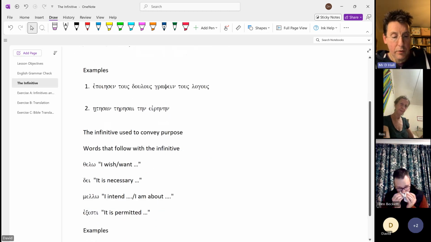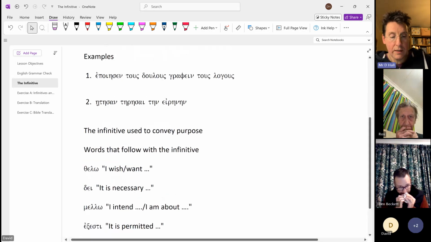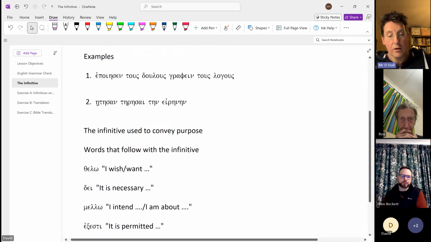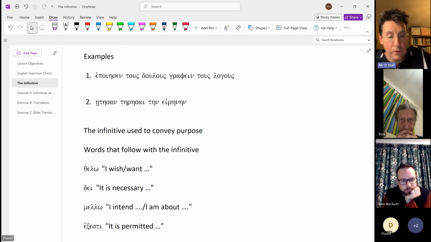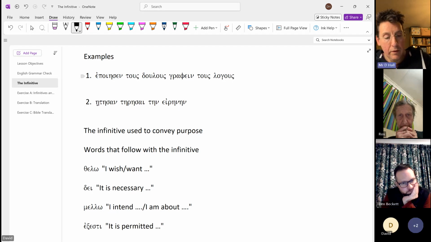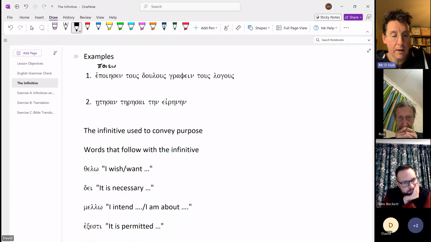So we've got an example here, epoiesen tous doulous graphein tous logous. So we've got to sort out what these words are. Epoiesen is from the verb poio, which is to make or to do. And here we have the epsilon at the start of it, which tells us that we are dealing with at least the past tense.